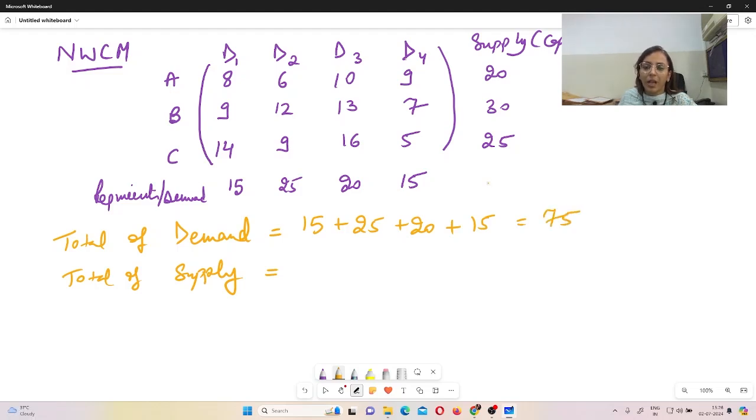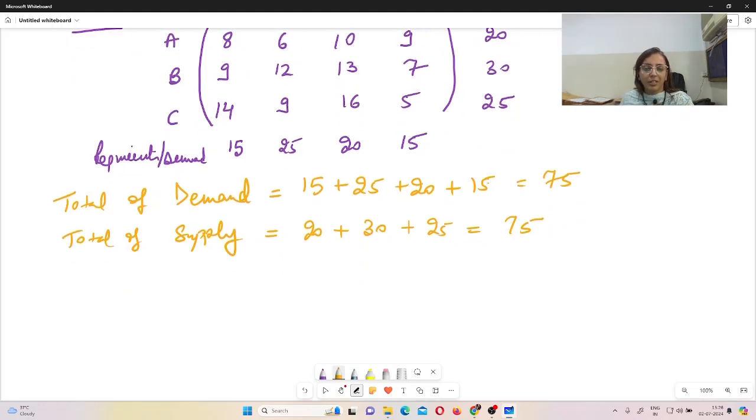Supply is 20 plus 30 plus 25, which equals 75. When demand and supply are equal, we have a balanced problem. There is no need to create a dummy, so we proceed further.